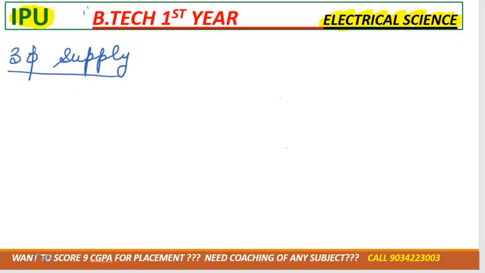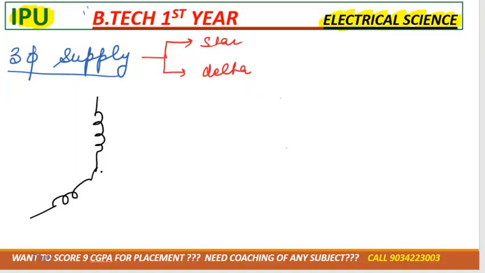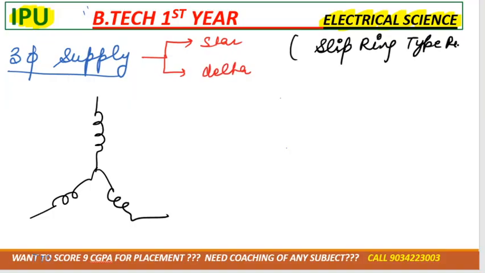As you have already studied, 3-phase supply is generally divided into two categories: one is the star connection and another one is the delta connection. So we need to take the star connection in the slip ring motor. I'll write it down, this is the slip ring type rotor.